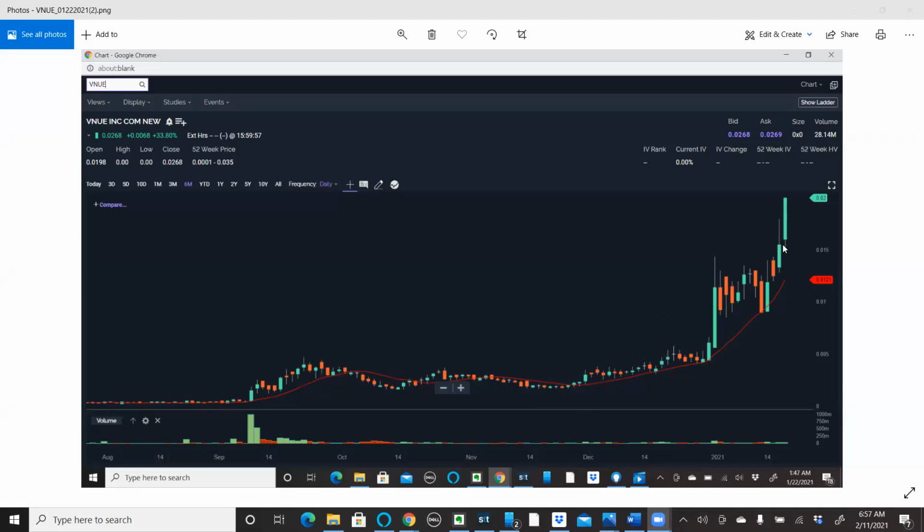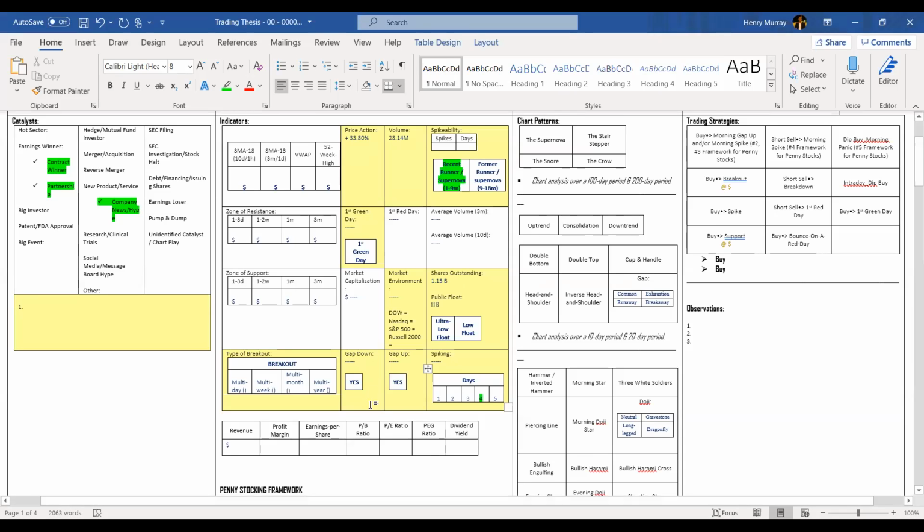It gapped up. Yes, it did. It did gap up on the previous day. So that's another good indicator that I'm using to build my trading plan. So yes, it did gap up. And in this section right here, we could put in how much it gapped up.